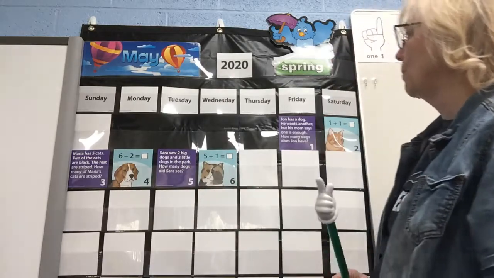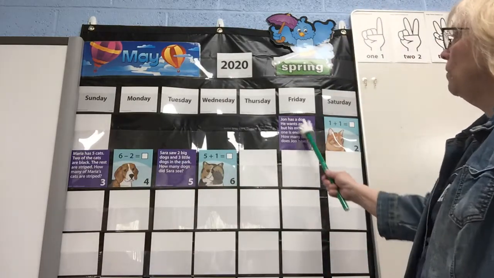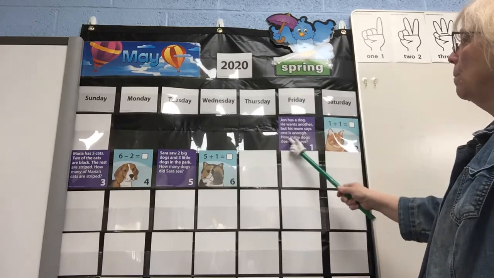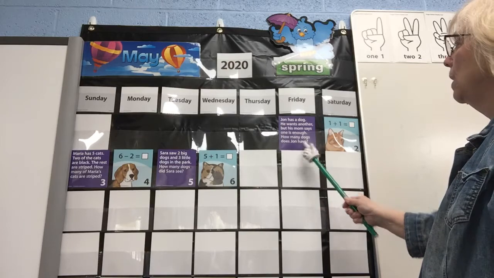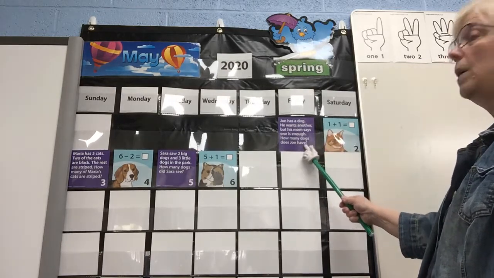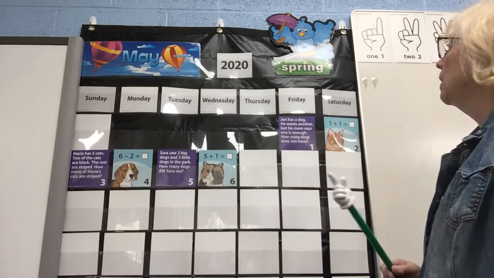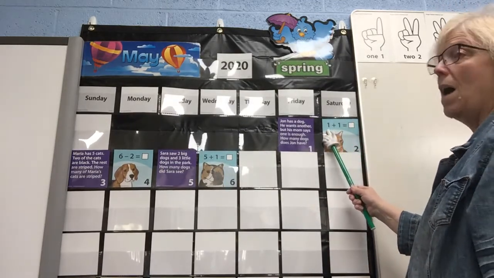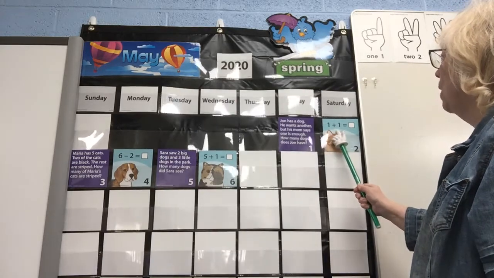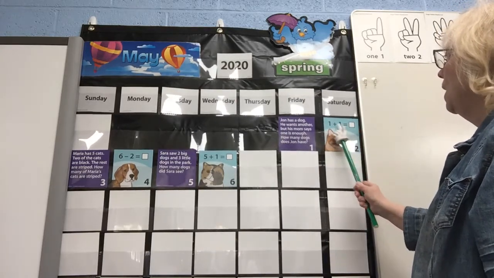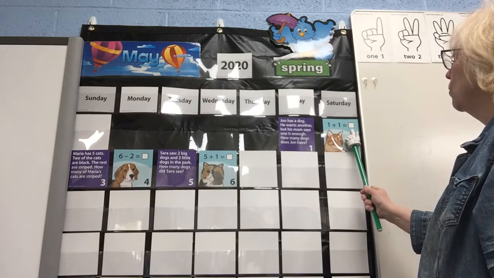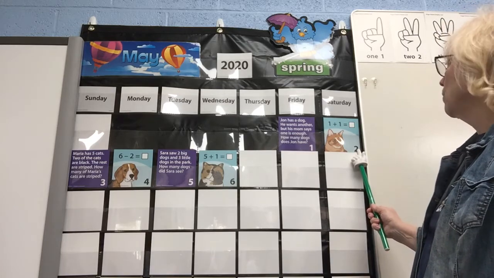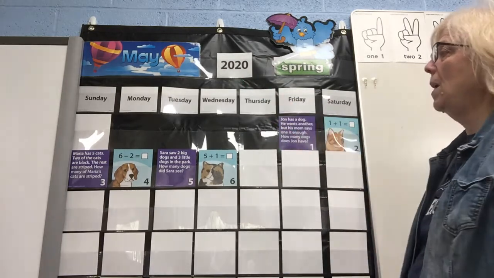Whatever the story problem told us about, the answer was always the day we were talking about. For the math fact, 1 plus 1 equals blank, we found that 1 plus 1 equals 2, and 2 was the day we were talking about in the month of May.